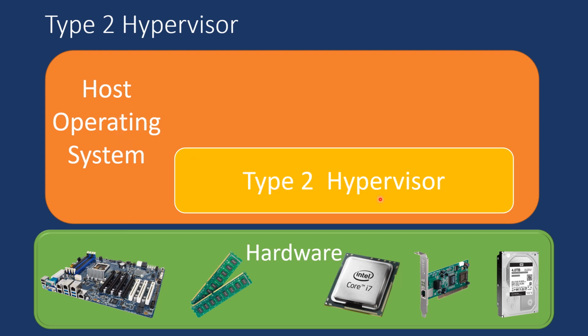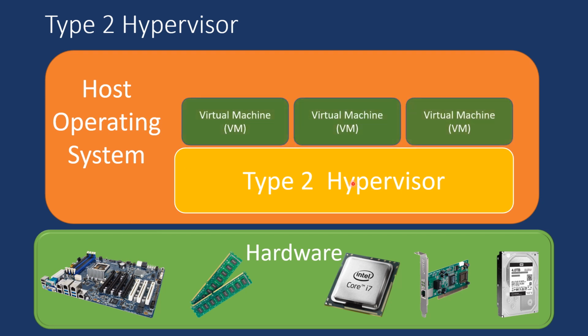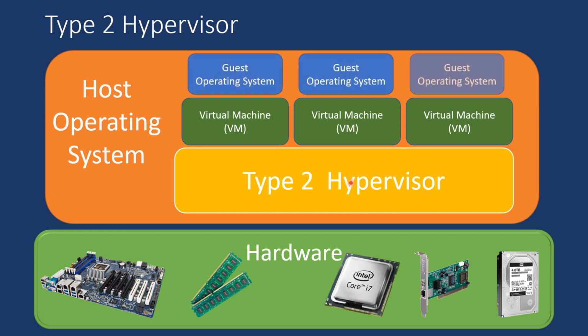After you install this hypervisor inside your host operating system, you can use it to create virtual machines. For example, here I show 3 virtual machines. Then you can install an operating system on top of these virtual machines, and I can manage these virtual machines from the hypervisor.